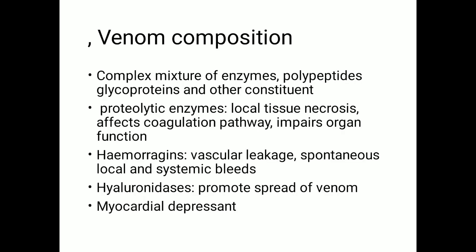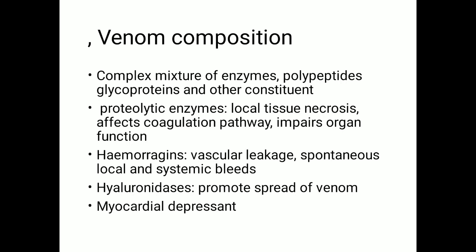What is the venom composition? Venom, whatever the snake is injecting into a prey or into a person, is a complex mixture of enzymes, polypeptides, glycoproteins, and other constituents. For example, they have proteolytic enzymes. What do these do? They lead to local tissue necrosis.